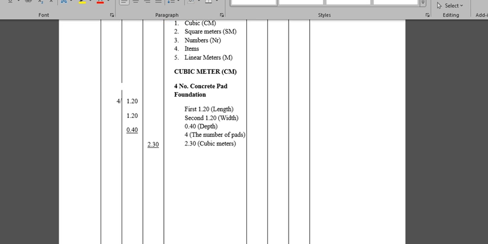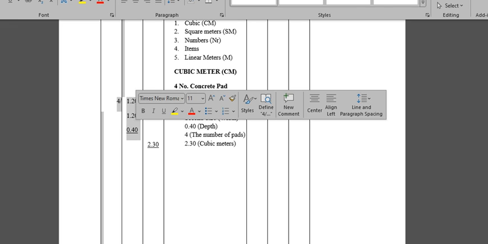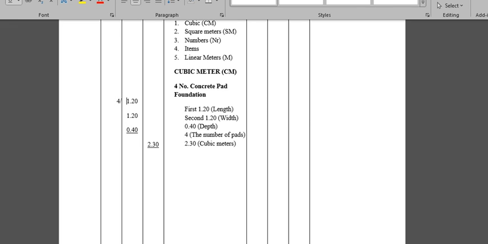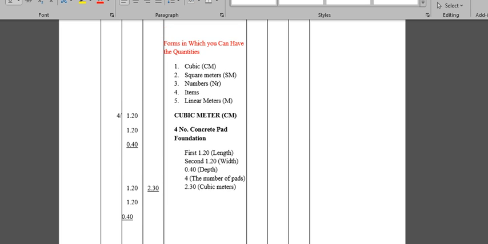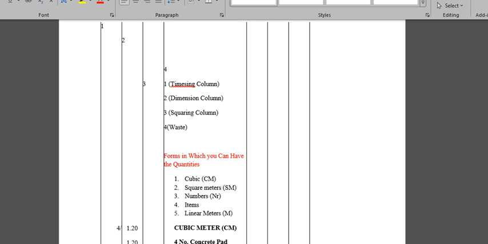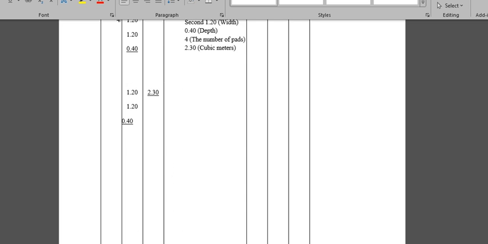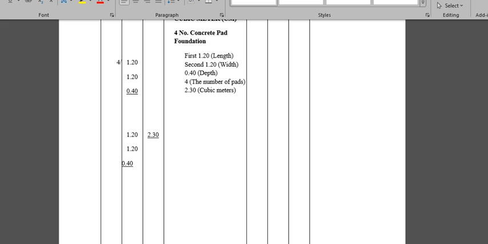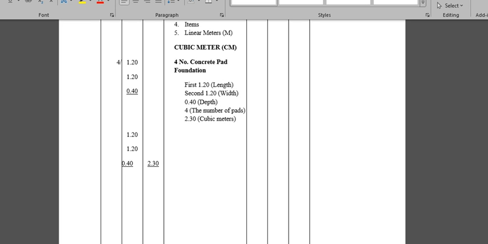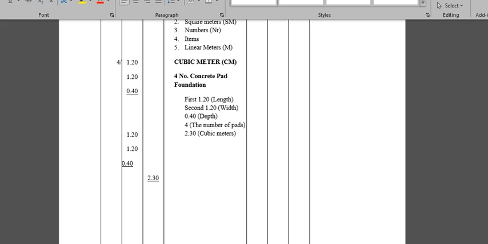So the first bit, I was using it to help in explaining what we are talking about in terms of the figures, the length, width, and so on.